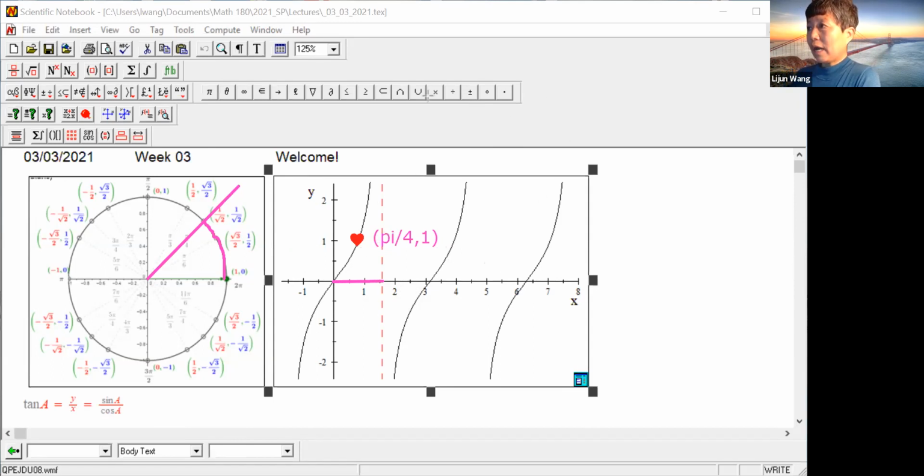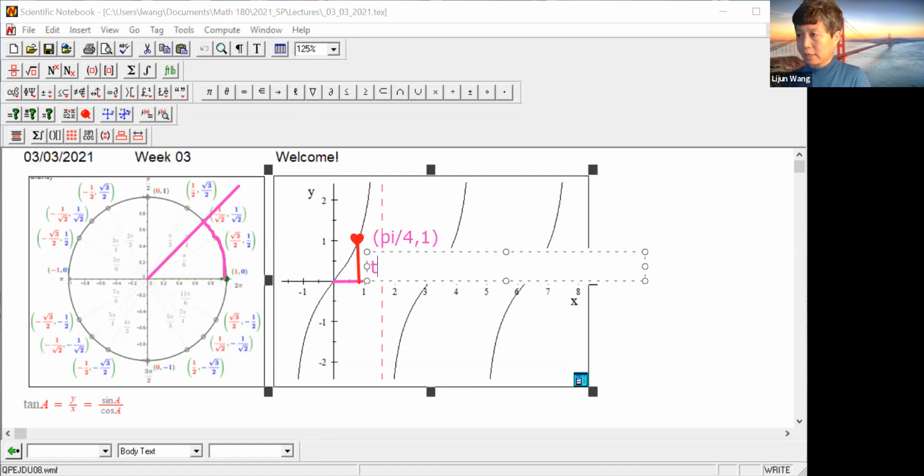So what is this height? Maybe I should make it turn to red. Let me make that height turn into red. This height is 1. And what does this height mean?